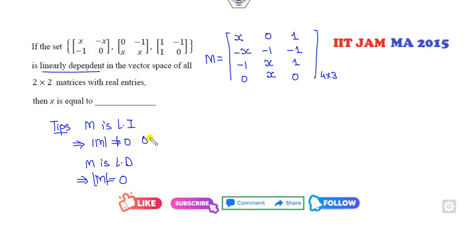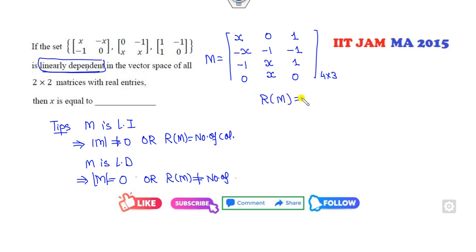Also we can say LI means the rank of M is the number of column vectors, and if it is LD, it means the rank of M is not equal to the number of column vectors. Now it is given that this is LD. So the rank is not 3, it means the rank is either 1 or 2.